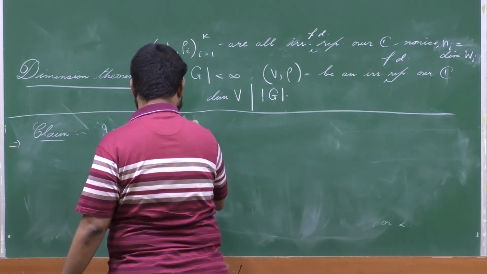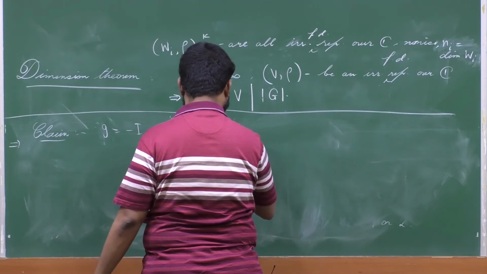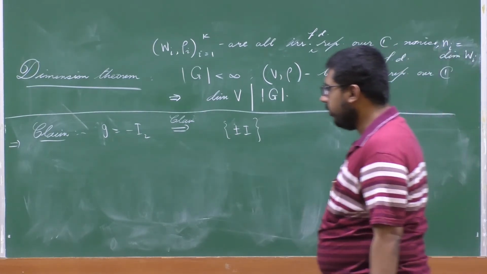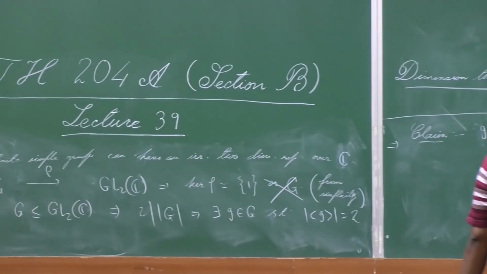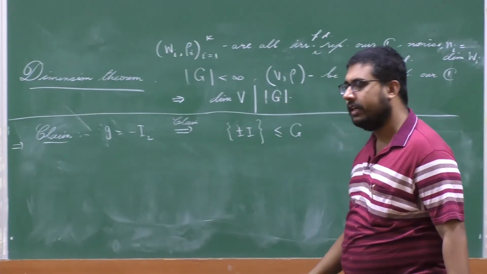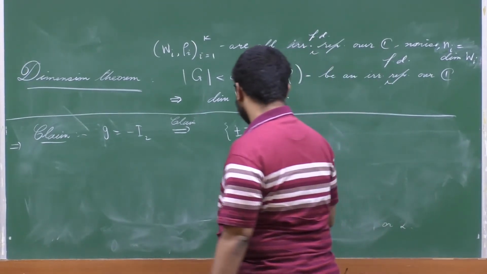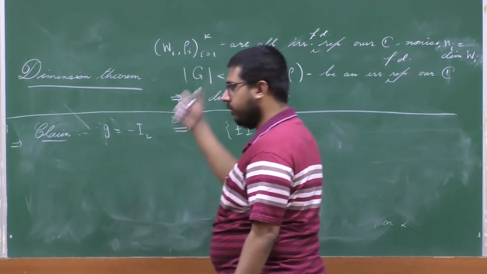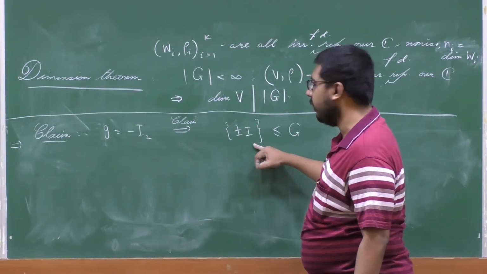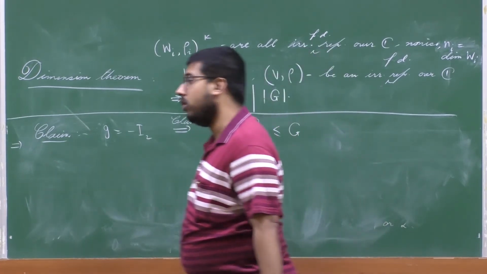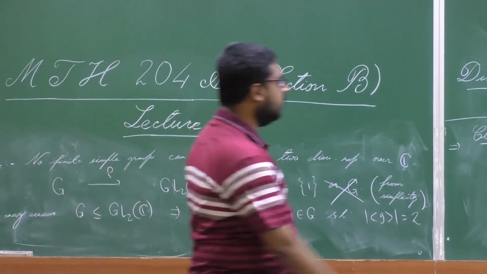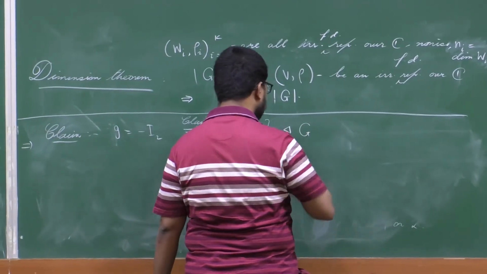Suppose we are able to establish this claim. Then plus minus identity is a subgroup of G. It is already a normal subgroup of GL2C because it is a subgroup of the center, so in particular it is a normal subgroup of G as well.